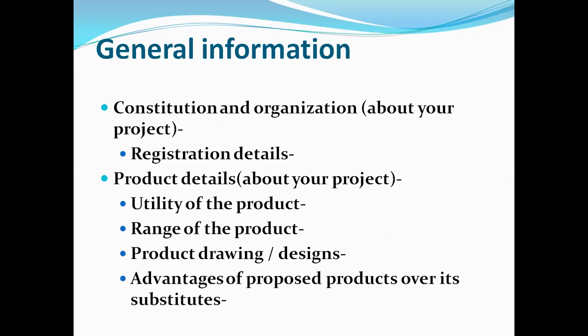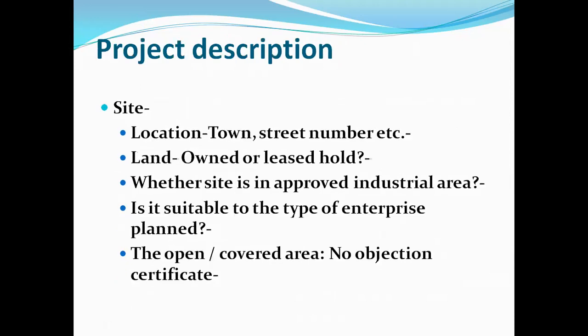Then product design, how it will be. Then actually it is applicable to agriculture too. Okay, then advantages of the proposed product over its substitutes. What are the present products available in the market, and what will be the advantages. Okay, then the second part is the project description.